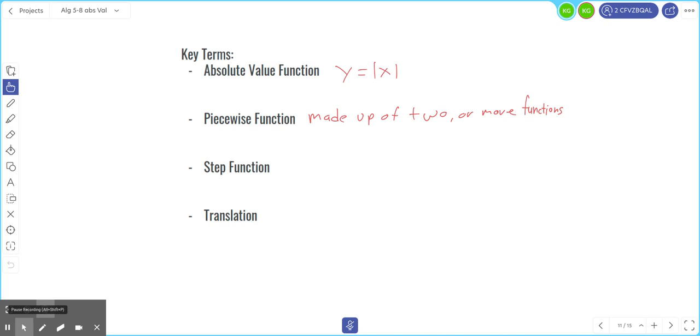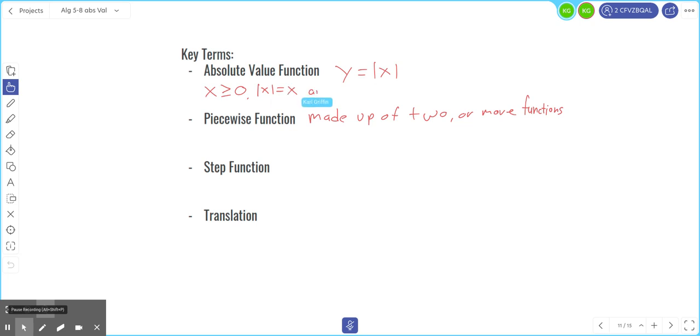The absolute value function happens to be piecewise precisely in that when x is greater than or equal to 0, so we have a domain of bigger than 0, then the absolute value of x equals just x.